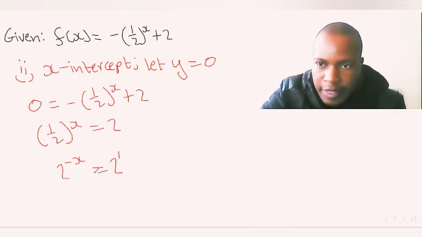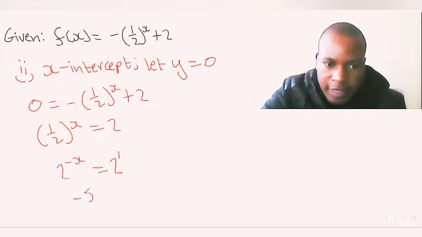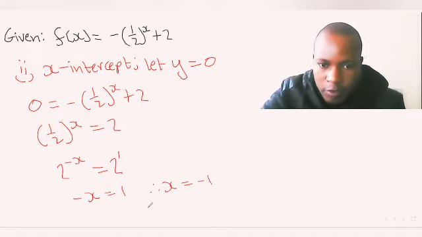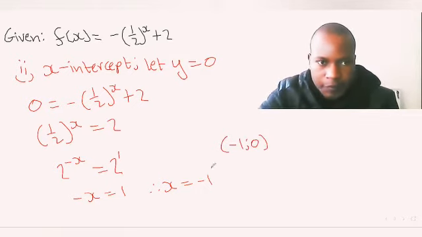Since we have the same base, we can ignore the bases and just write out the exponents. Therefore, x would just equal negative 1. So the coordinates of the x-intercept will just be (negative 1; 0).